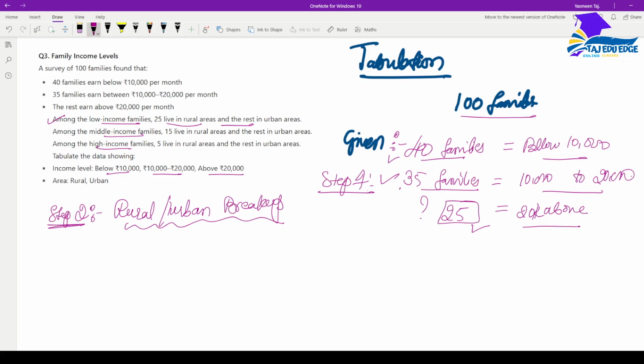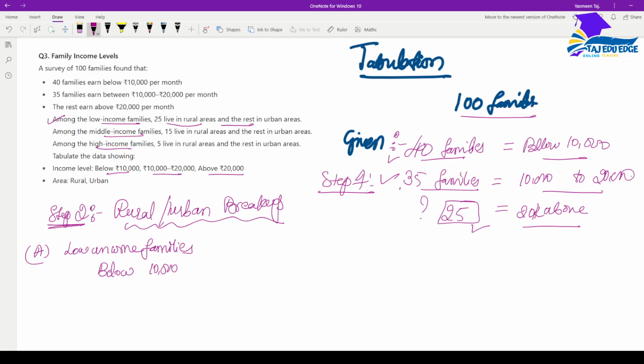So here I will write it: A, low income families. Low income families means those who earn below 10,000 per month.